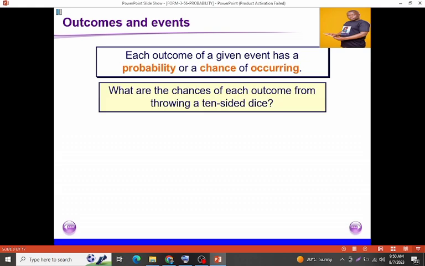So if you go back to the example of throwing a 10-sided dice, remember a 10-sided dice has 10 faces.